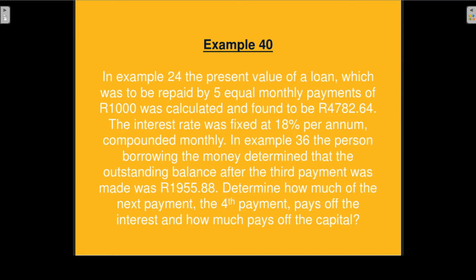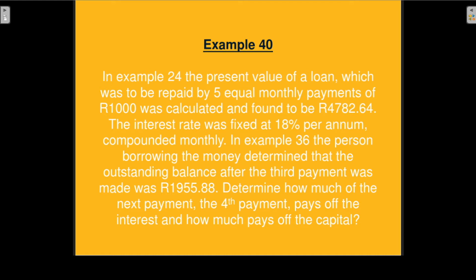If we look at example 40, in example 24, the present value of a loan, which was to be repaid by 5 equal monthly payments of 1,000 rands, was calculated and found to be 4,782 rands. We did many variations on this example, so you should be familiar with it by now.